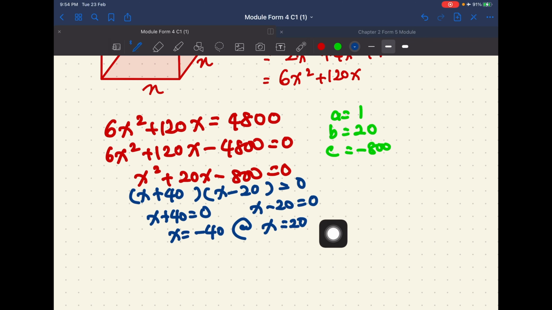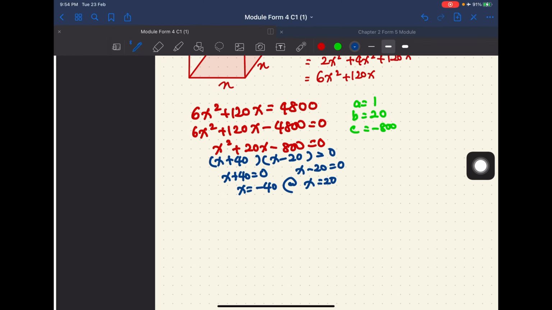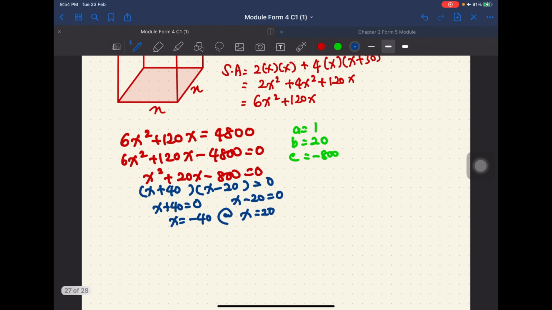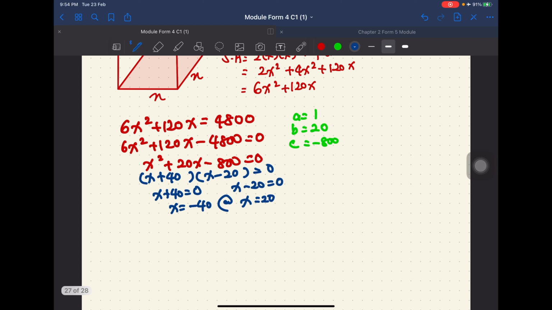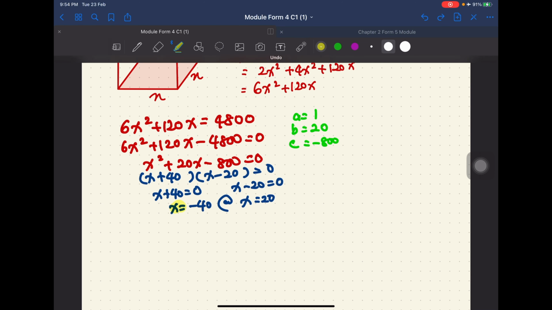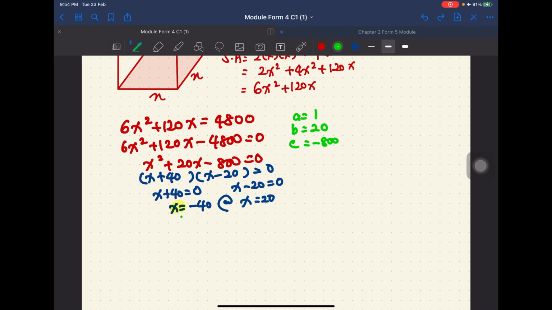This is actually a part of your langkah kerja lah. Okay, so jangan tinggalkan. Okay, so di sini, ada tak value panjang yang negatif? Tak ada kan? So this one can be ignore. Okay, so saya suka buat macam ni lah. Tulis tu ignore. Okay, so you know that your value of x is equals to 20.